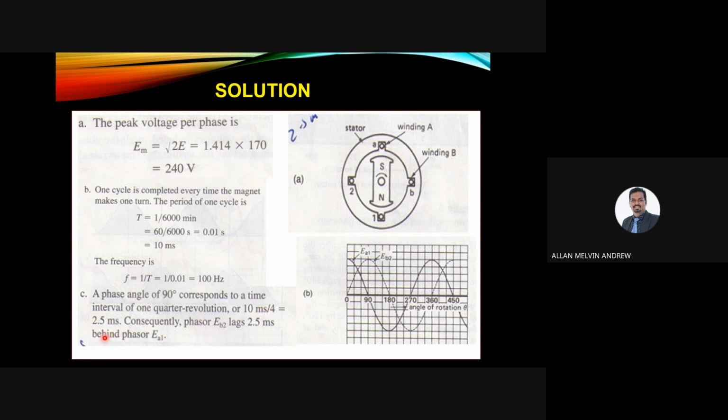So from this position to this position, it only takes 2.5 milliseconds. Consequently, phasor EB2 lags 2.5 milliseconds behind phasor EA1, because earlier we can see EA1 reaches first, then only EB2 starts.